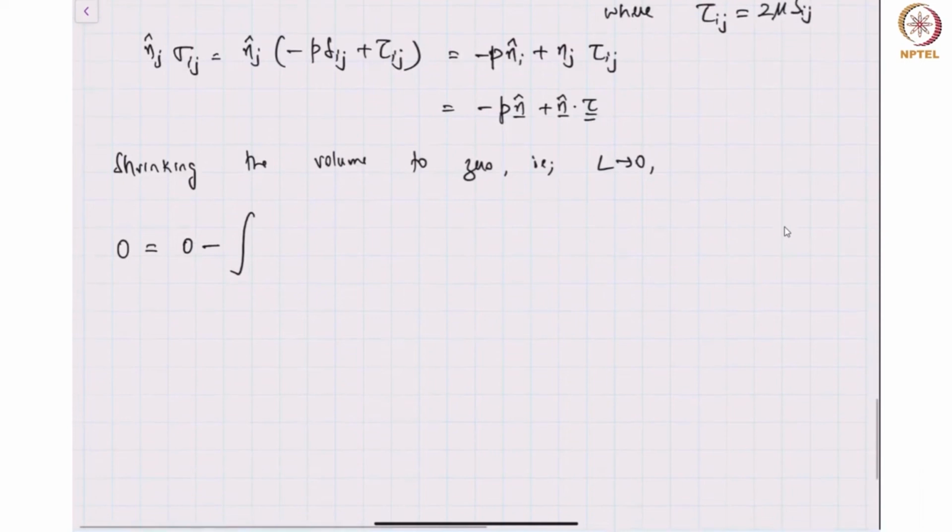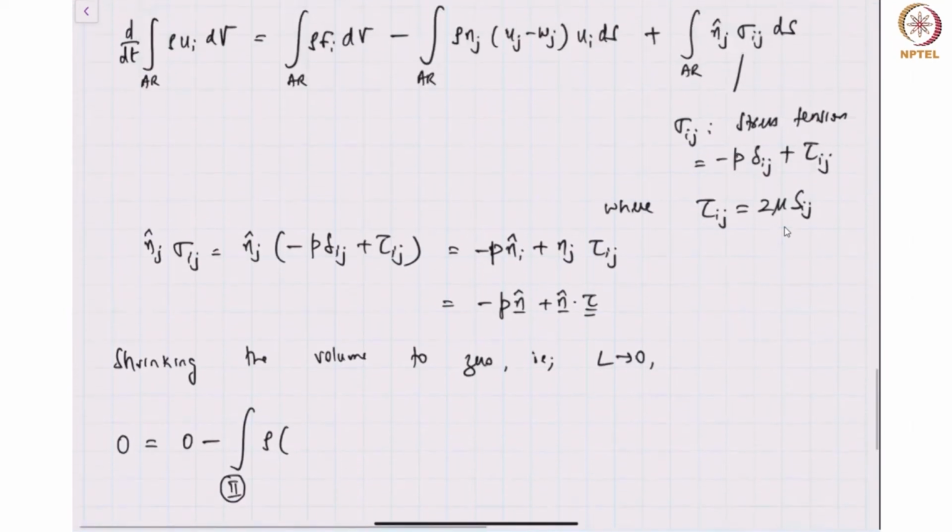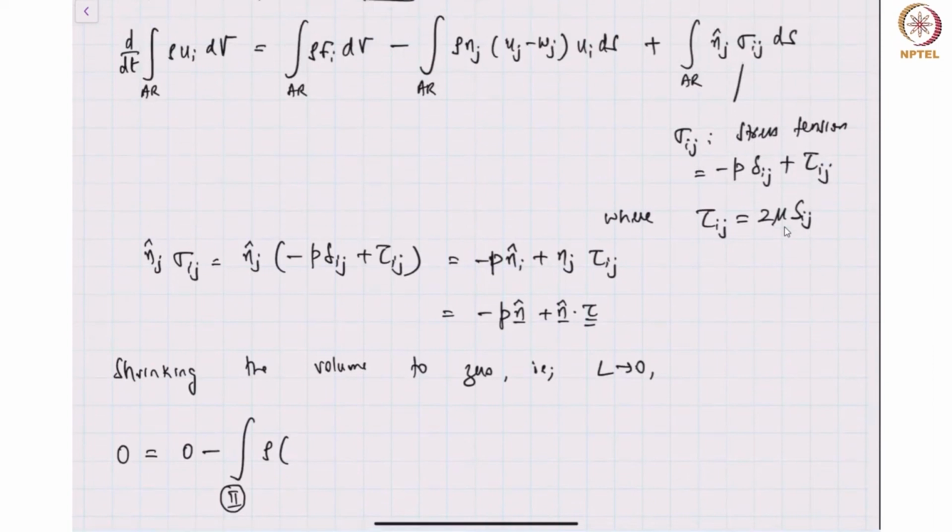So over fluid 2, I have rho times, making use of the fact that the normal vector is of opposite sign, then fluid 1. So this is minus Nj, Uj minus Wj, Ui dS. That's the first term, the momentum flux.